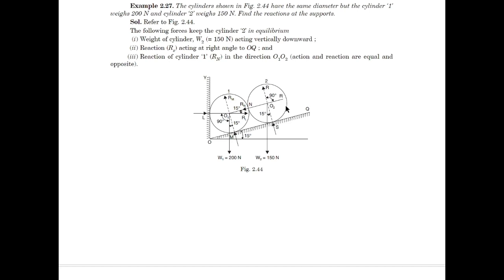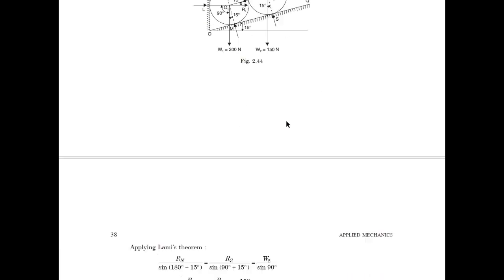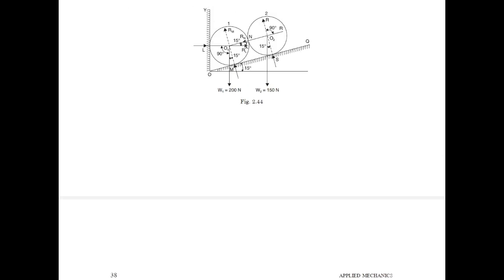Action and reaction are equal and opposite, so we will apply this to cylinder 1 as well as cylinder 2. Again, we will have to find the angles and apply Lami's theorem. Rn divided by the angle between the two.